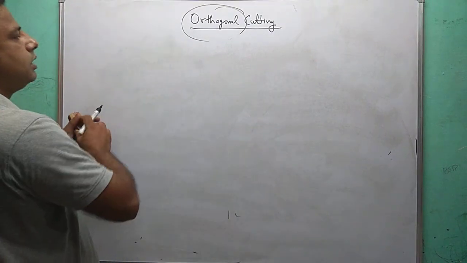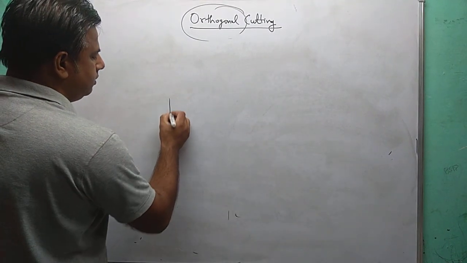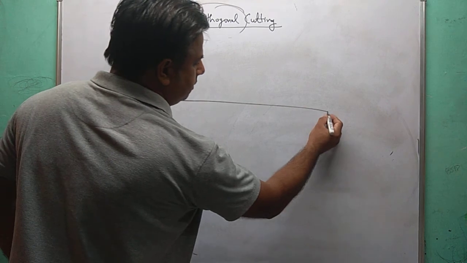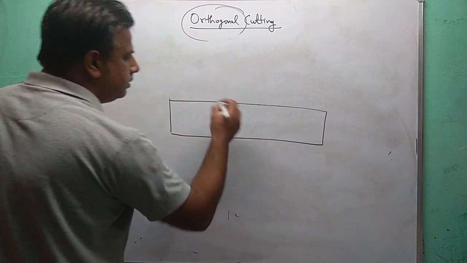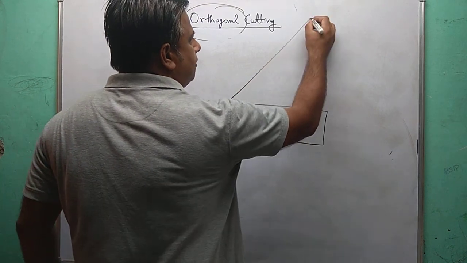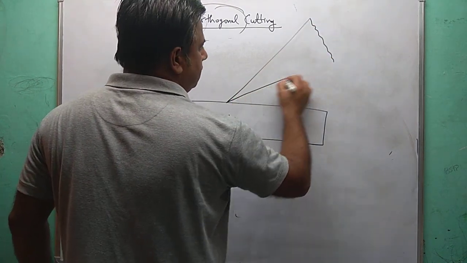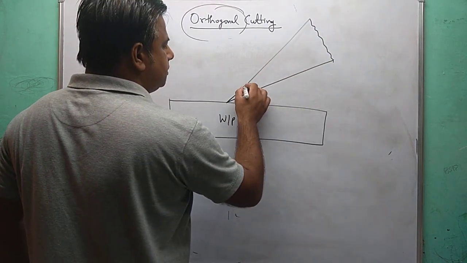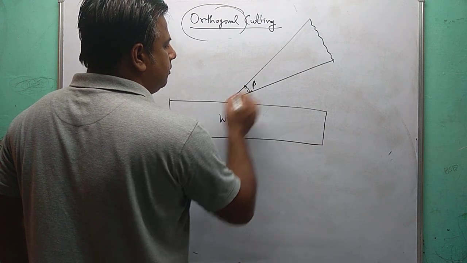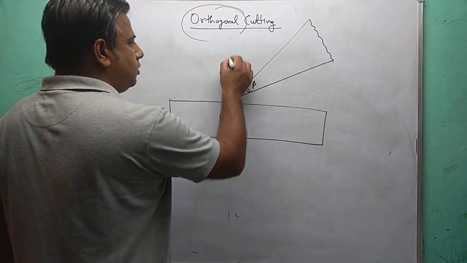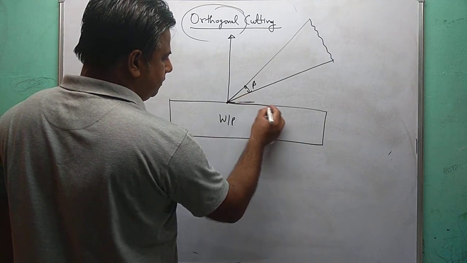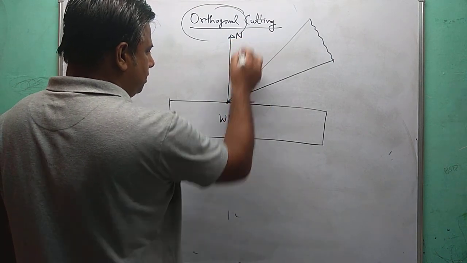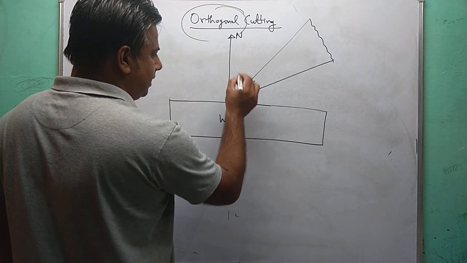So in orthogonal cutting, this is my workpiece and this is my tool in wedge shape. This is my wedge angle beta, and this is my normal plane, normal to the finished surface. This angle is called the rake angle alpha.